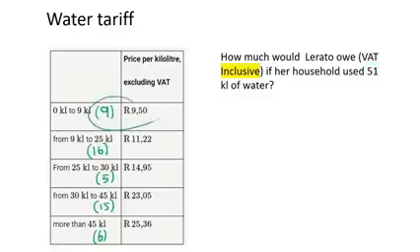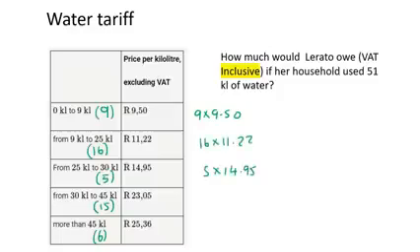Okay, so now we're going to do the same thing. 9 multiplied by 9.50, 16 multiplied by 11.22, 5 multiplied by 14.95, 15 multiplied by 23.05, and then 6 multiplied by 25.36. Then I'll quickly get the totals.